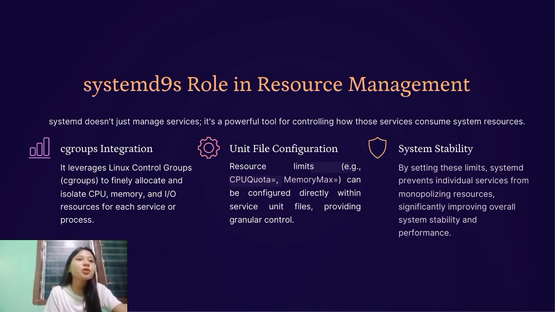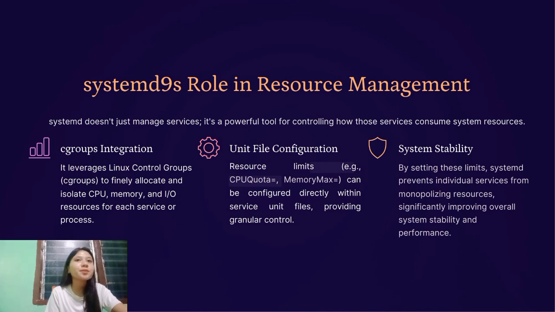In unit file configuration, resource limits are set, for example, with CPUQuota= and MemoryMax=. It can be configured directly within service unit files, providing granular control. In system stability, by setting these limits, systemd prevents individual services from monopolizing resources, significantly improving overall system stability and performance.